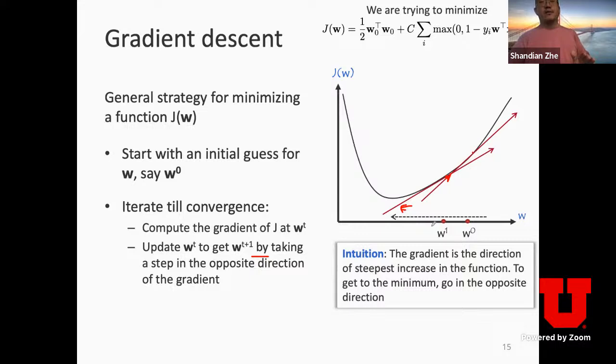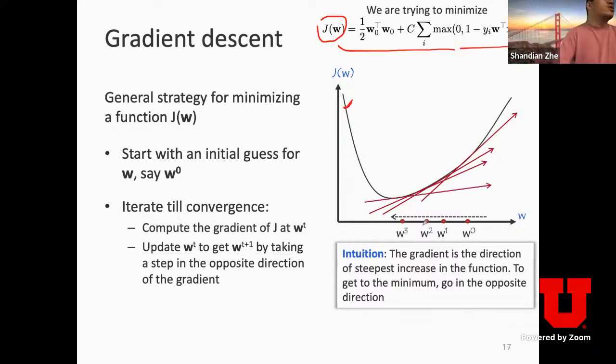You continue decreasing, get W2, keep decreasing the function, and do this until you reach the minimum of the function. Does it make sense? Any question regarding this?